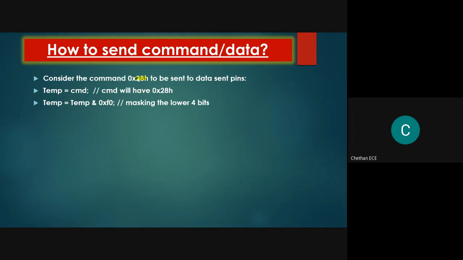My objective is to divide this 28 into upper nibble and lower nibble. The upper nibble data is sent first, then the lower nibble data next. Let me start with the higher nibble. What does temp contain? 28H.